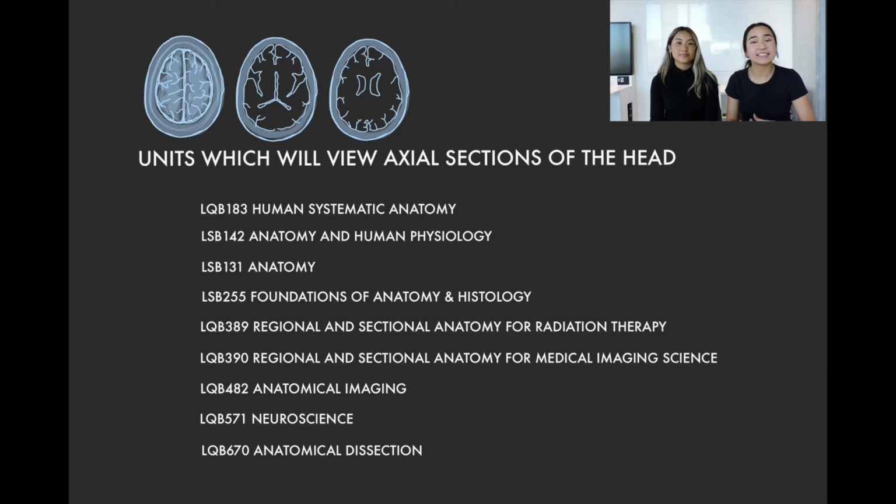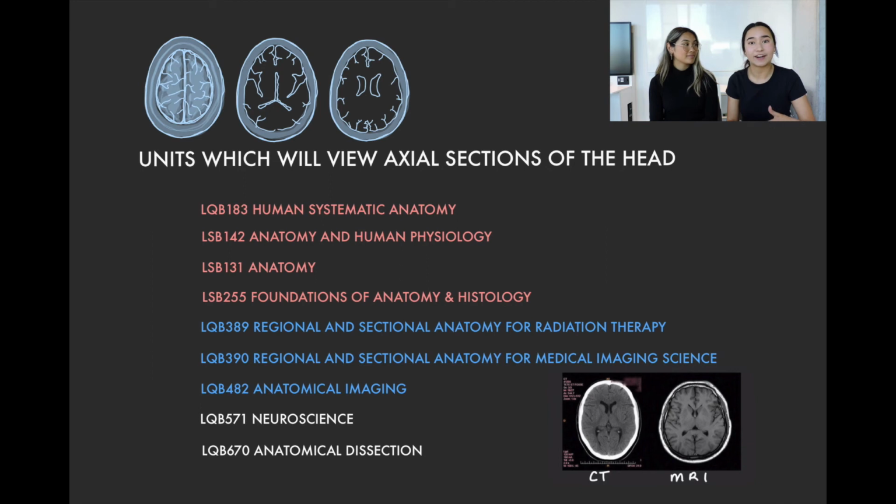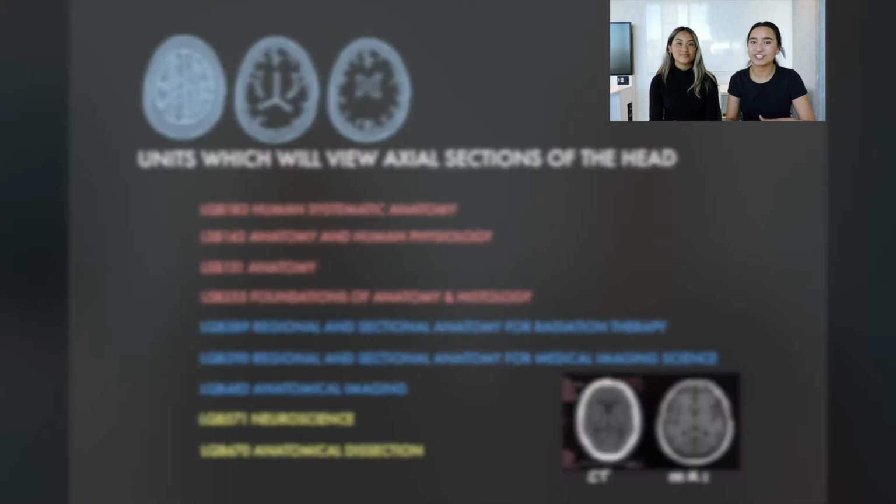They can be employed as a teaching resource in all first-year anatomy and physiology units. In more complex units, the application of our slices are crucial as they correspond to the CT and MRI images. These axial sections will also be an invaluable teaching aid for more advanced anatomy and physiology units, where it is emphasized that structure equals function.